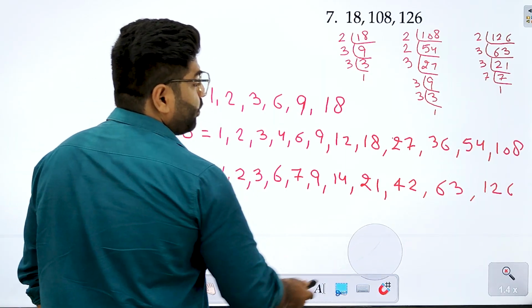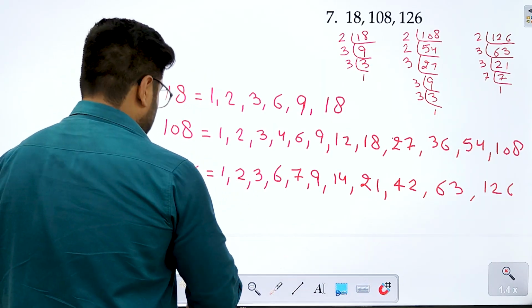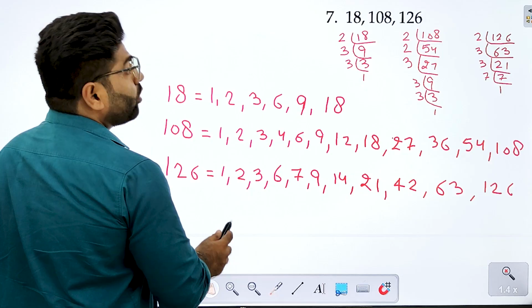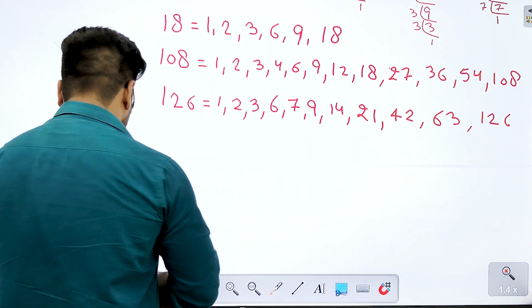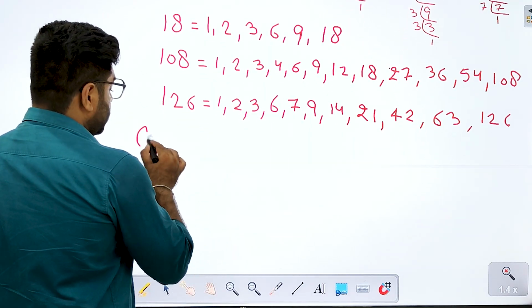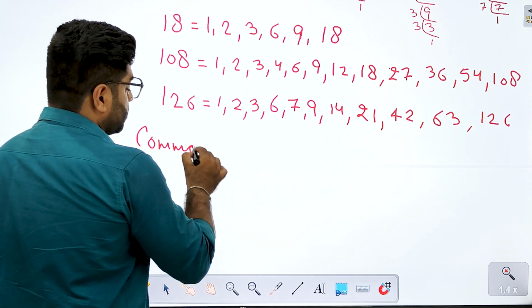So here we have the factors of three numbers. Now we are going to find the common factors of these three numbers.